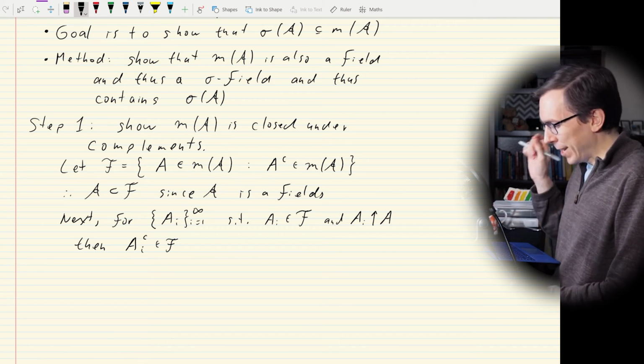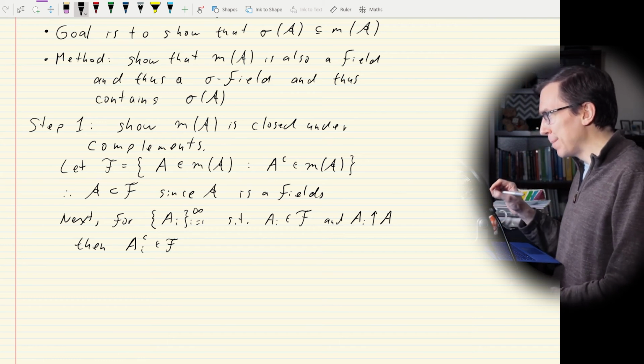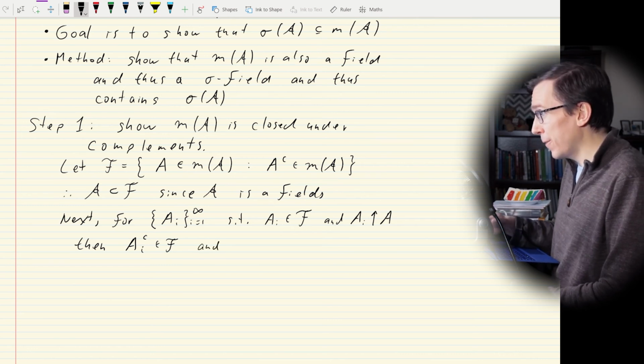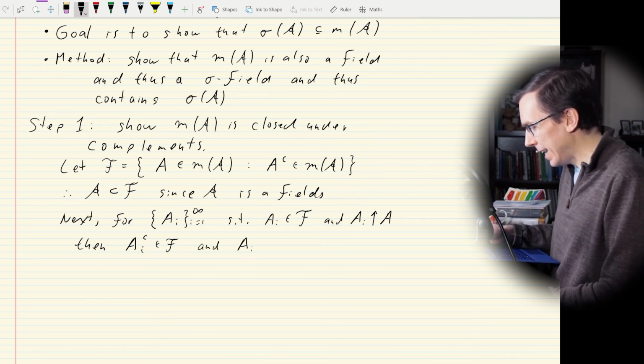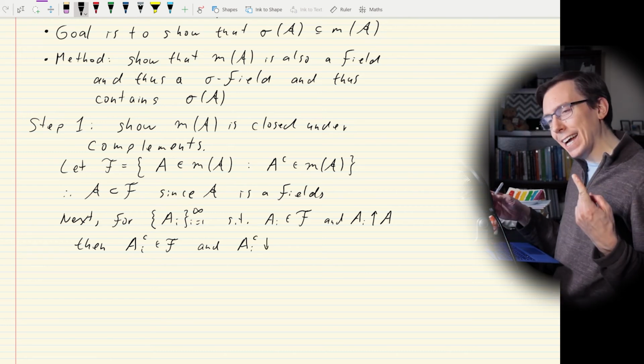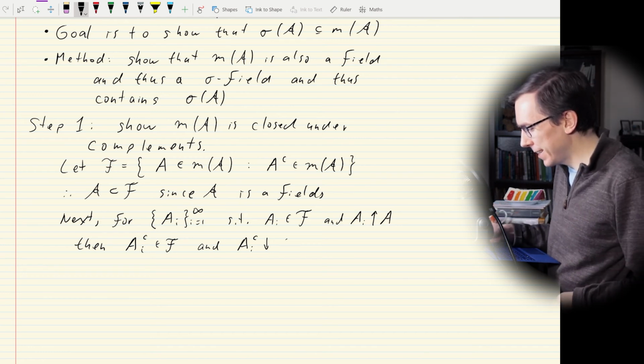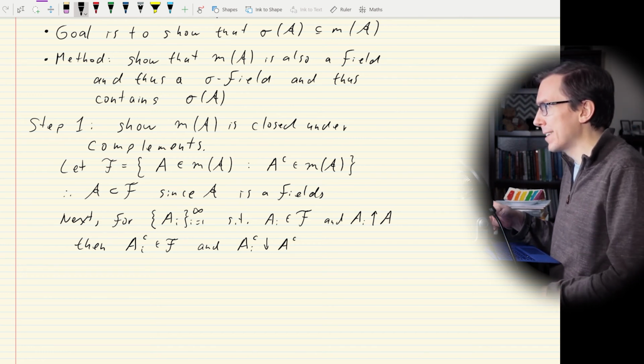We have that A_i complement is in F, and furthermore, A_i complement is decreasing. If the A_i are increasing to A, the A_i complements are decreasing to A complement.